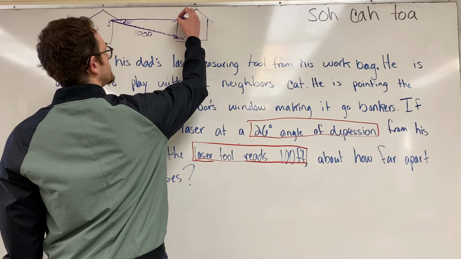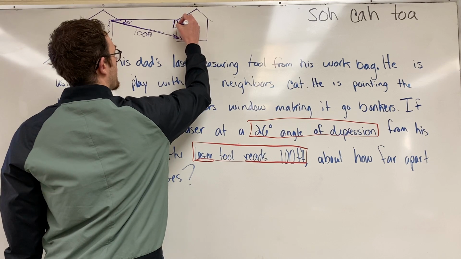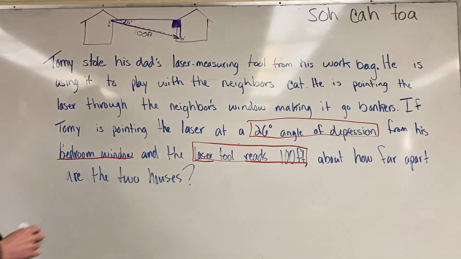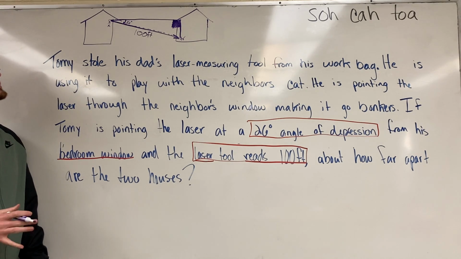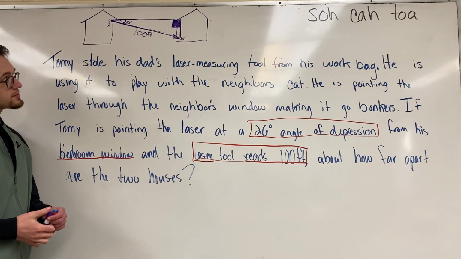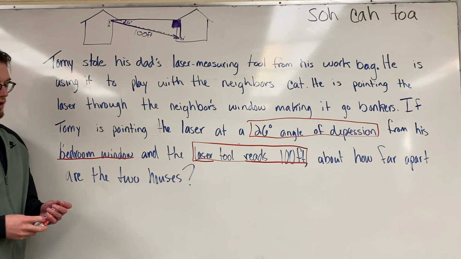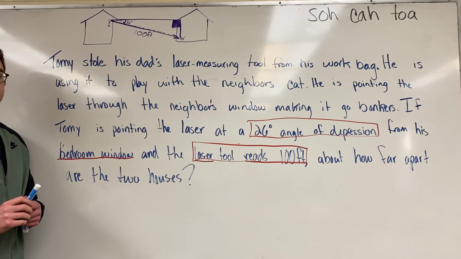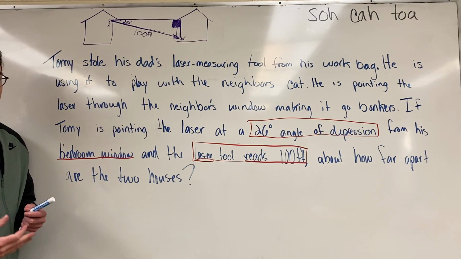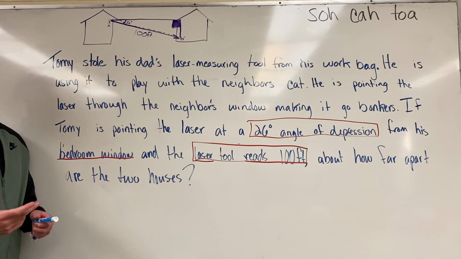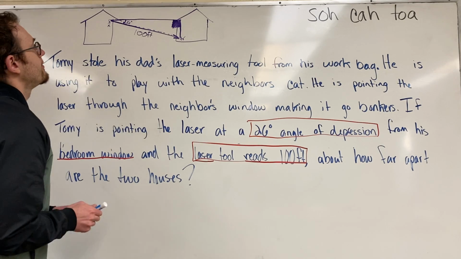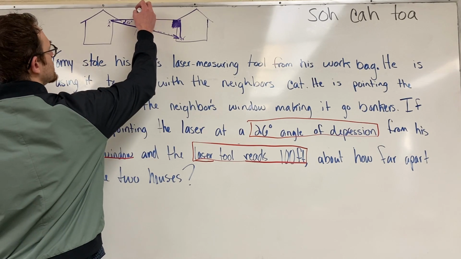And what you can do is you now have this right triangle, and that right triangle can be used to solve for what the question is, and that is about how far away are the two houses. Because again, we don't know, maybe Tommy is on the roof, maybe he's in the yard, maybe the cat is in the middle of the house, maybe in the front of the house, we don't know. So it's about how far away. And about how far away they are would be this, wouldn't it?